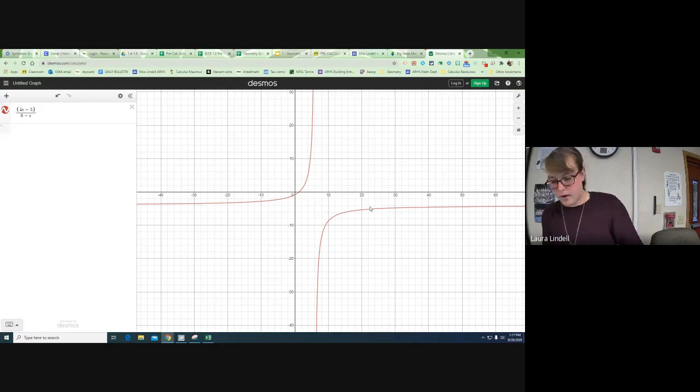So as far as our end behavior goes here, there is an asymptote, but it's not 0. Zeros are usually easier to pick out. But in this case, notice how there's an x on the top of the function and there's an x on the bottom of the function. And it's the same power of x both times.